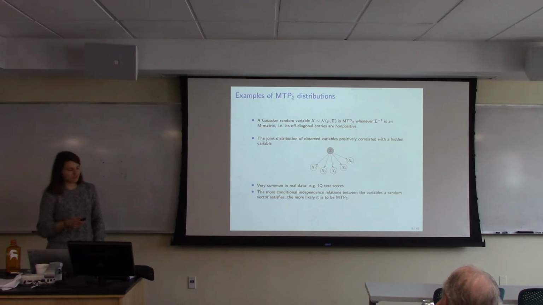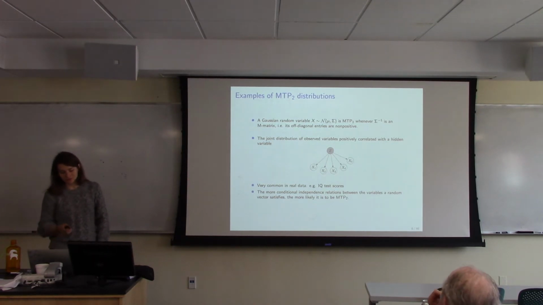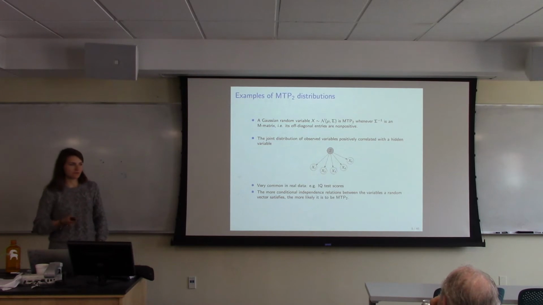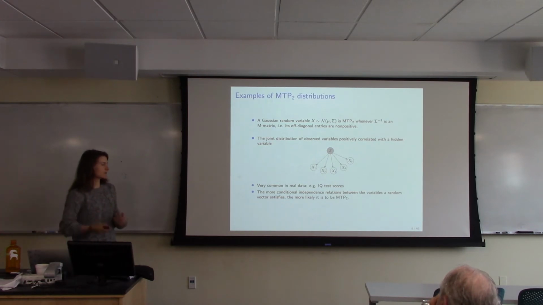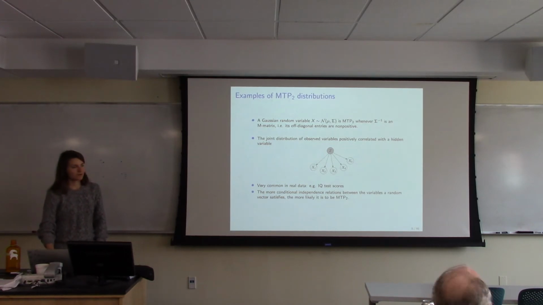Then one can show that the joint distribution of the x's is MTP2. A particular example where this could show up would be if z was the IQ and the x's are scores on an IQ test that increase if you answer the question better, so they're positively correlated with the IQ, then the joint distribution is MTP2. And it's all without assuming that the joint distribution is Gaussian.